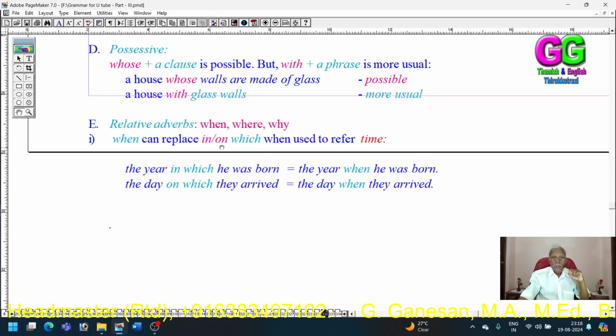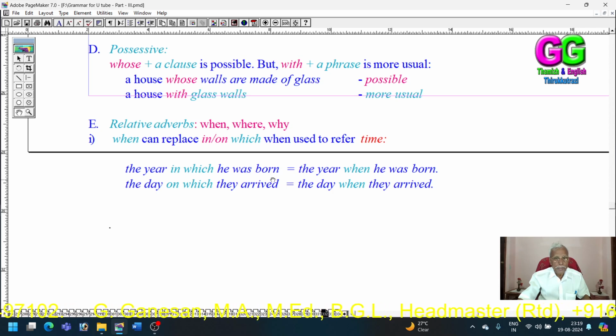When in which or on which is used to refer to time, it can be replaced by the relative adverb when. See the example: the year in which he was born.